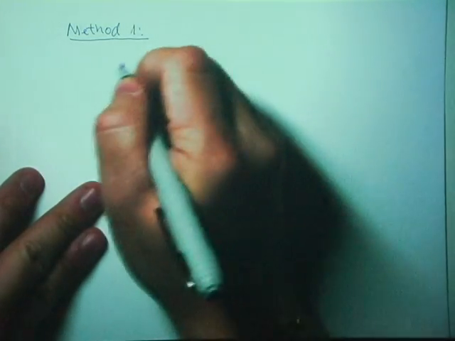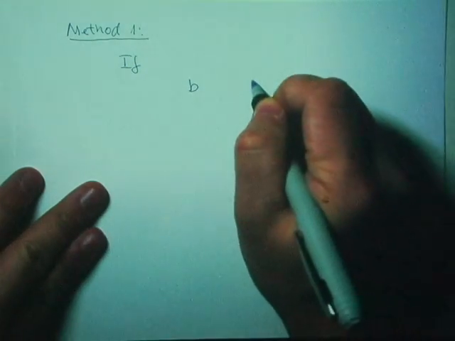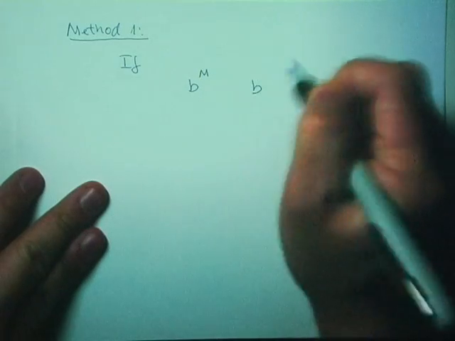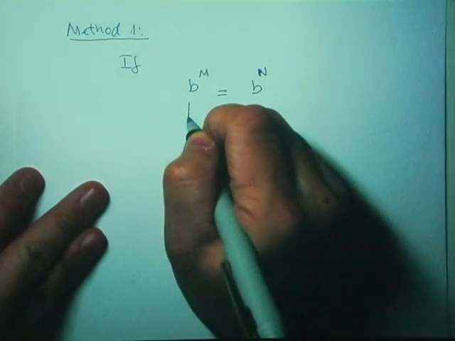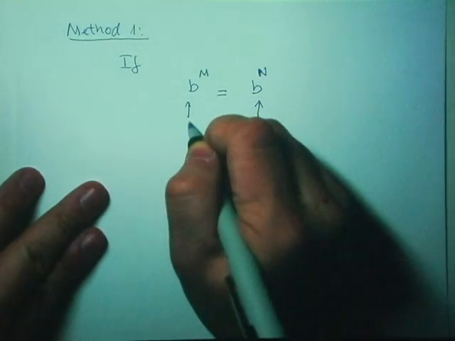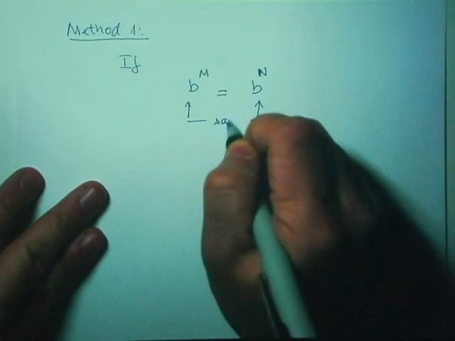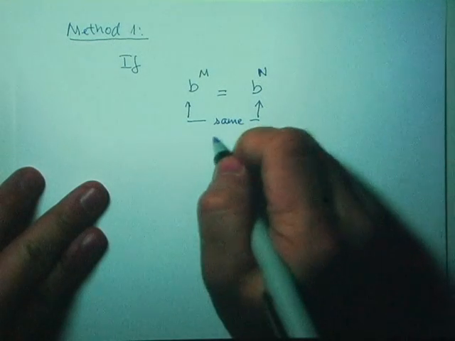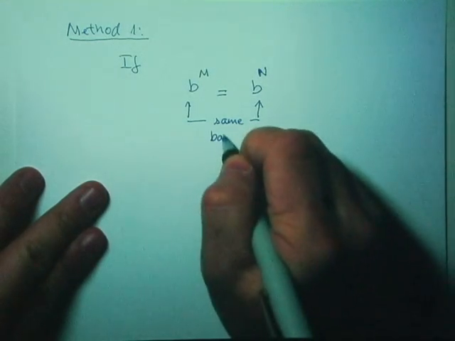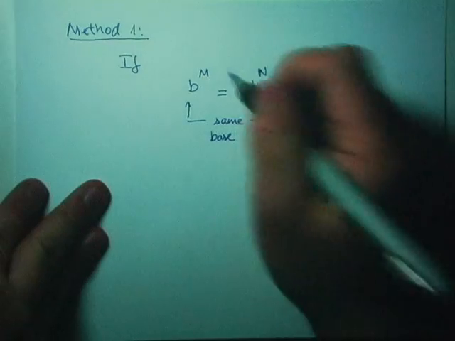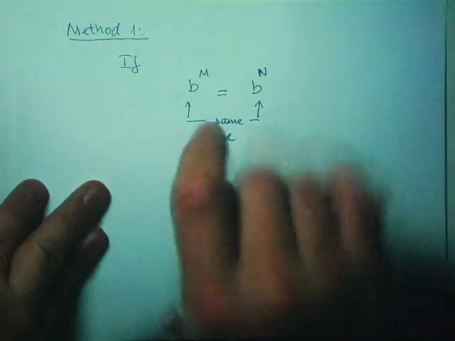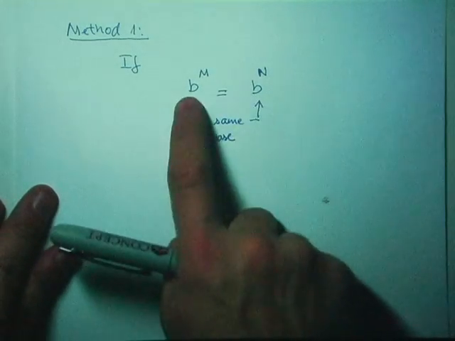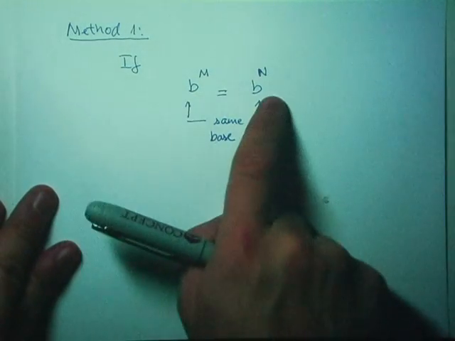The point now is that as long as you recognize that the two sides of your equation have the exact same base number, and this is what I'm about to indicate right here, same base number, and they can have different powers.